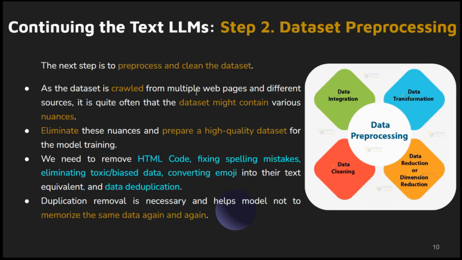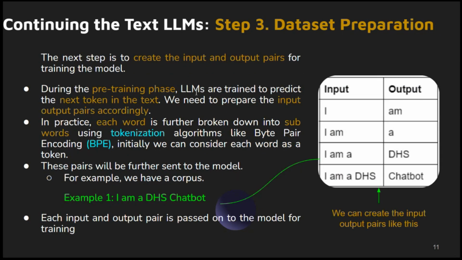And don't forget to tidy up by removing duplicates. Your large language model's memory is precious, and we don't want it to waste it on info that is not accurate or legible for any model training and testing purpose. After this step, the data is polished and ready for use.